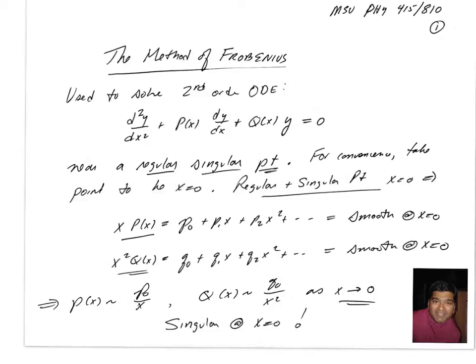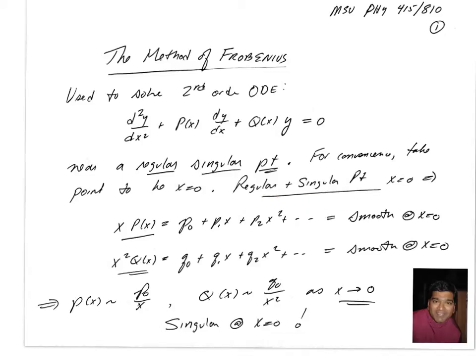In particular, we're interested in understanding the properties of the solutions of these equations near a regular singular point. For convenience, we'll assume that we're interested in the behavior around the point x equals 0.